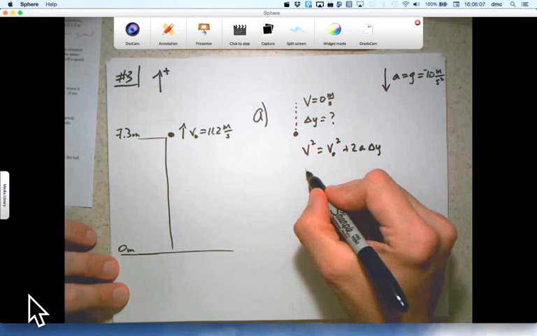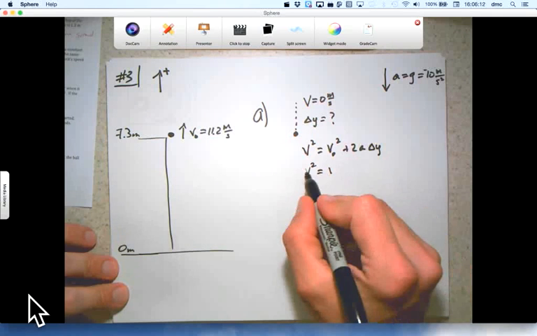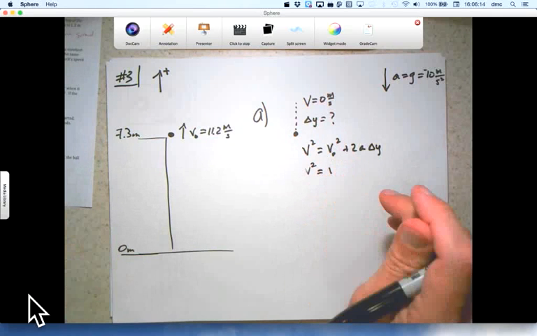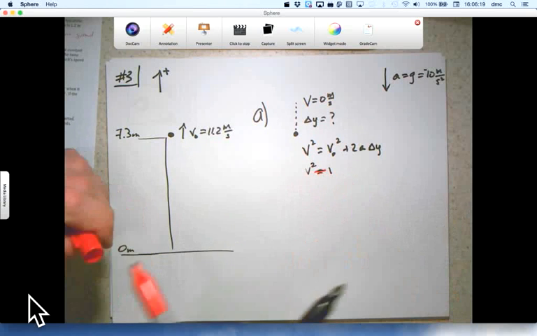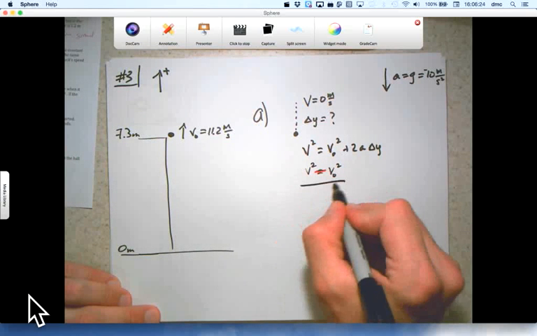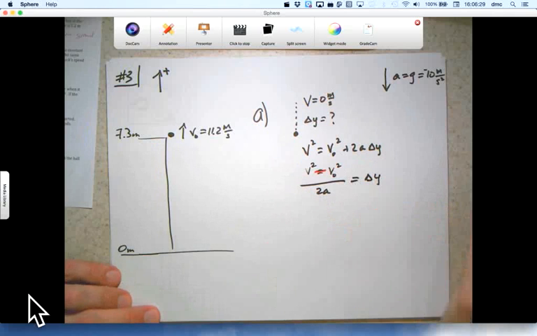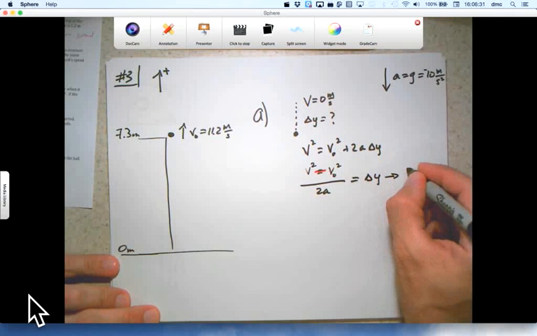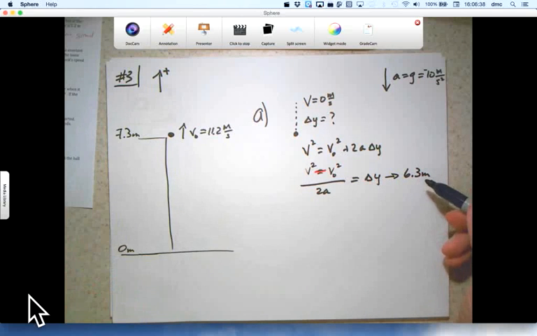So the final velocity squared minus the initial velocity squared, divided by 2a, equals how high. And when we work all of that, it turns out that how high is 6.3 meters. So that's the answer to part A. It goes 6.3 meters above where it was released, above the roof.